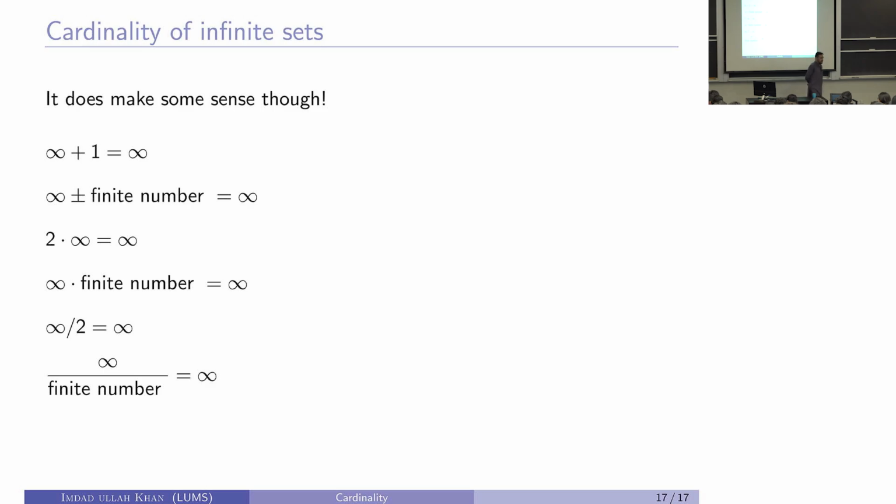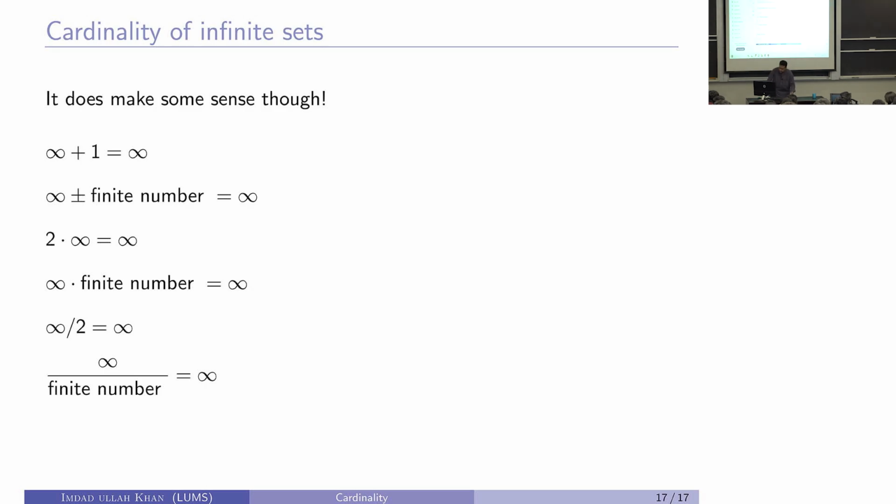What if I divide it by 10? What if I take the square root of that cardinality? Still this cardinality. So, all of these things, these are not arithmetic formulas. This equality is not really the arithmetic equality. This is how infinite sets, infinite cardinalities, behave, okay, in terms of their cardinality.